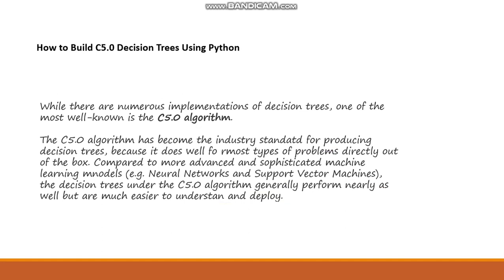While there are numerous implementations of decision trees, one of the most well known is the C5.0 algorithm. The C5.0 algorithm has become the industry standard for producing decision trees because it does well for most types of problems directly out of the box, compared to more advanced and sophisticated machine learning models, for example, neural networks and support vector machines.